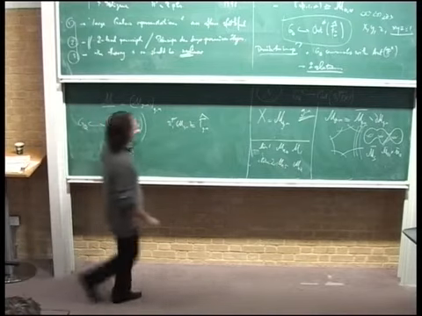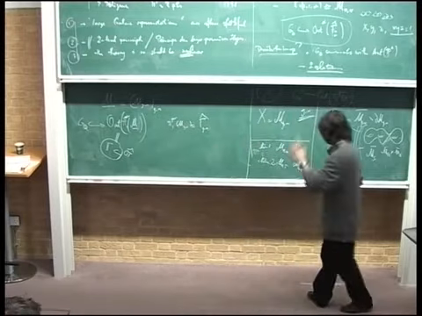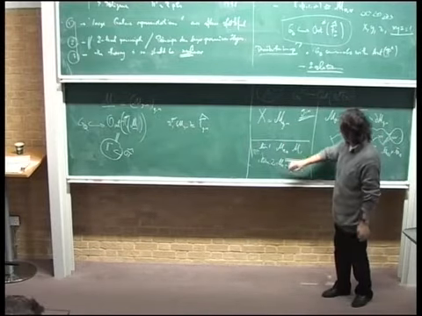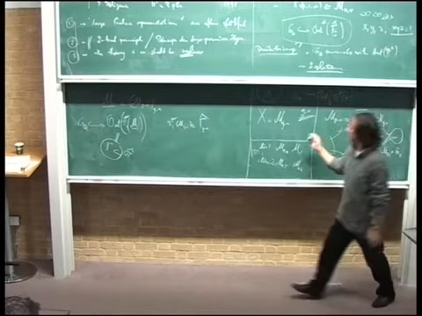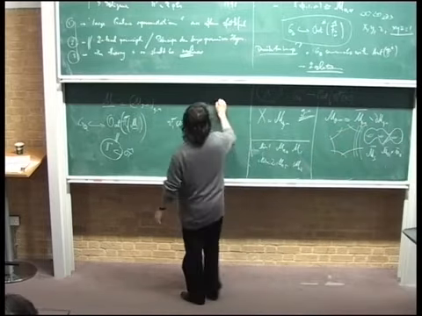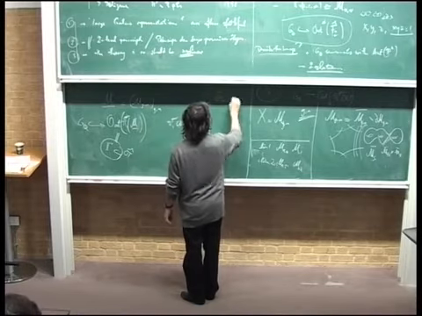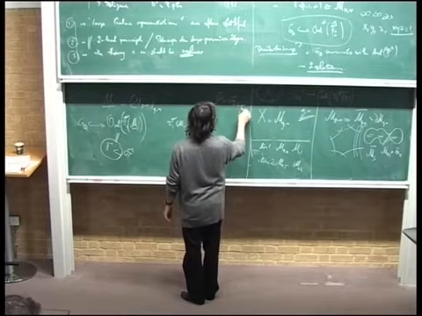Oh, sorry. I didn't even say what GT hat is. GT hat equals GT0 intersected with the pentagon.